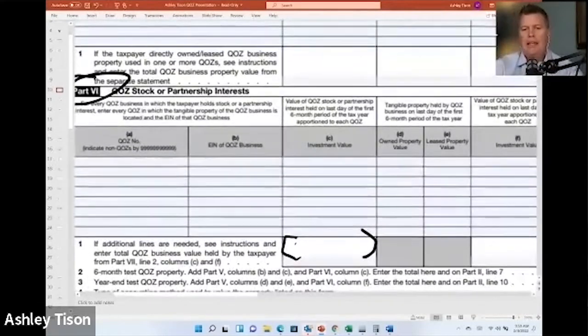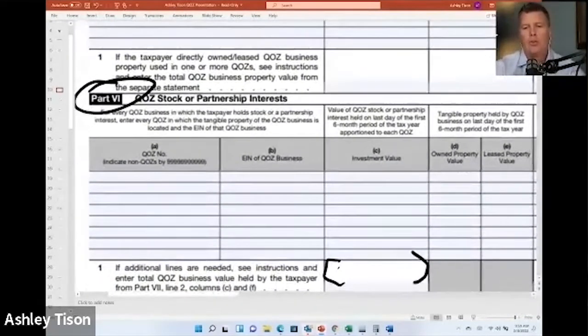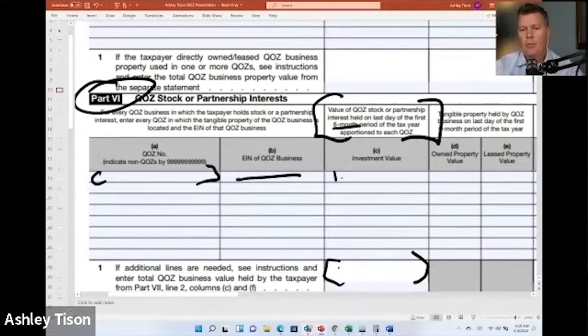So once again, you're going to compute what the value of your investment was at the 6-month period for that particular census tract number. So, if you invested into a Qualified Opportunity Zone business that's doing a deal in one census tract, it's actually going to be fairly easy. You're going to indicate this census tract right here, the EIN of the business. And then if you put $1 million into it, you're going to put $1 million right here.